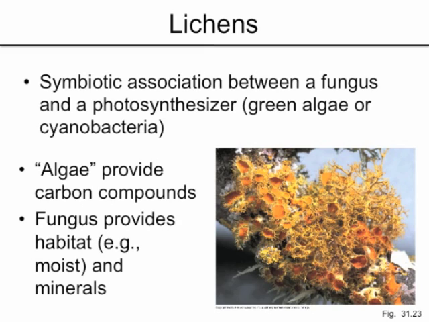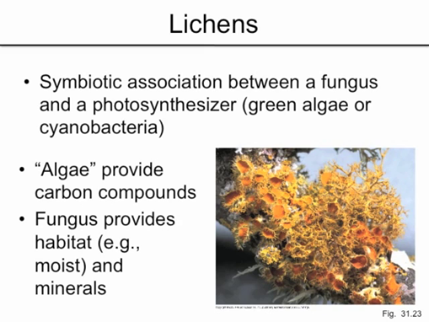So another kind of symbiotic relationship that fungus produce are lichens. And you may have seen lichens around. They actually grow on a lot of the trees down here. A lichen is a symbiotic association between a fungus and a photosynthesizer, either a green alga or a cyanobacteria for the most part.